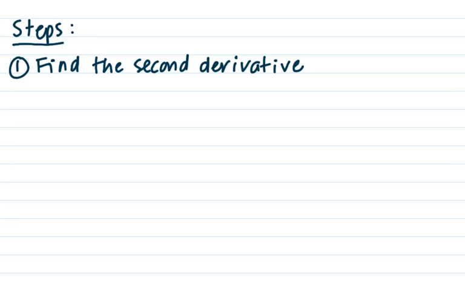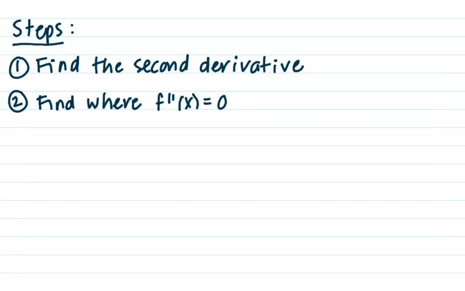Then you need to find where that second derivative is either 0 or undefined. And remember, undefined usually isn't one we have to really worry about, but you always need to check. And then you're going to make a sign chart with those x values.